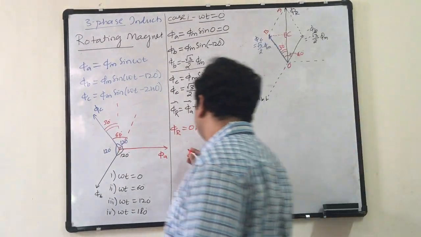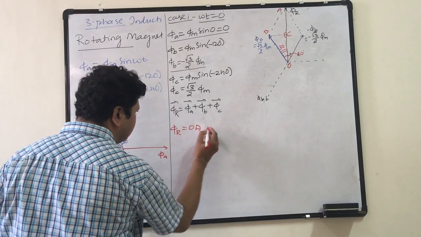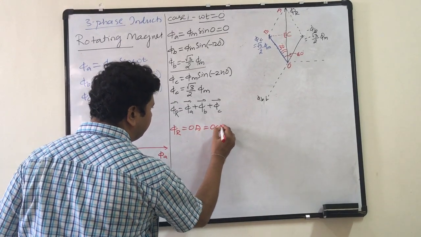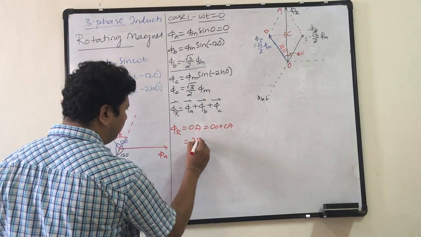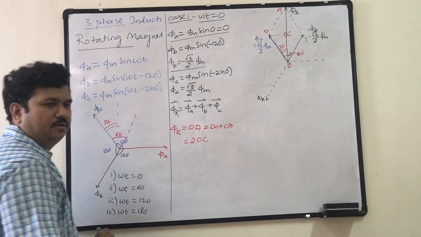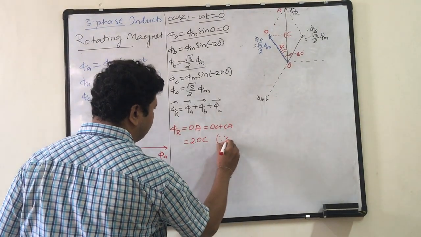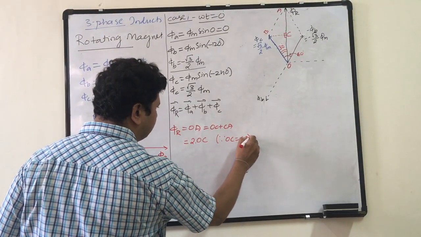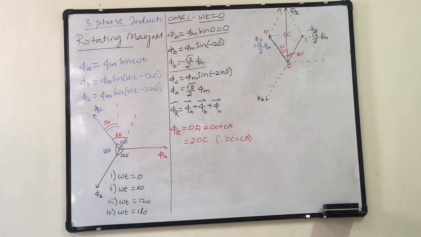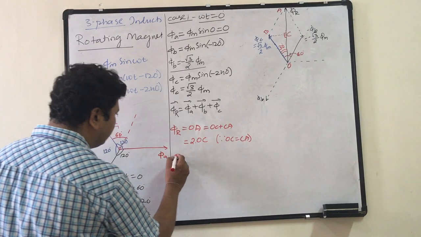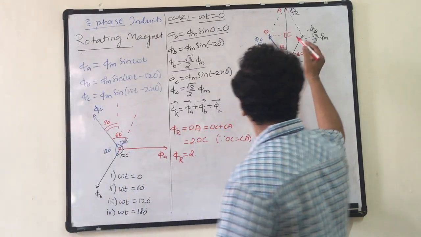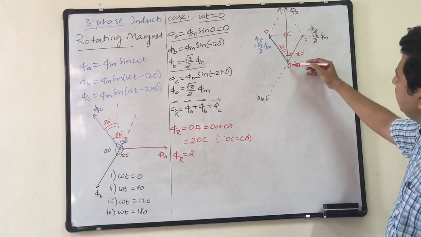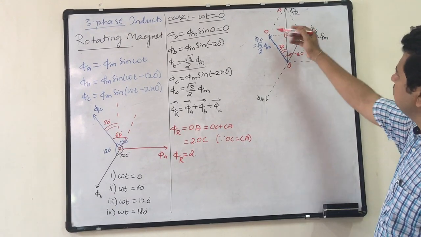And what is OA? OA is equal to OC plus CA, and this is equal to 2 into OC, because OC is equal to CA. Now what is OC? Phi R is equal to 2 into OC. OC forms the base of the triangle OCB.